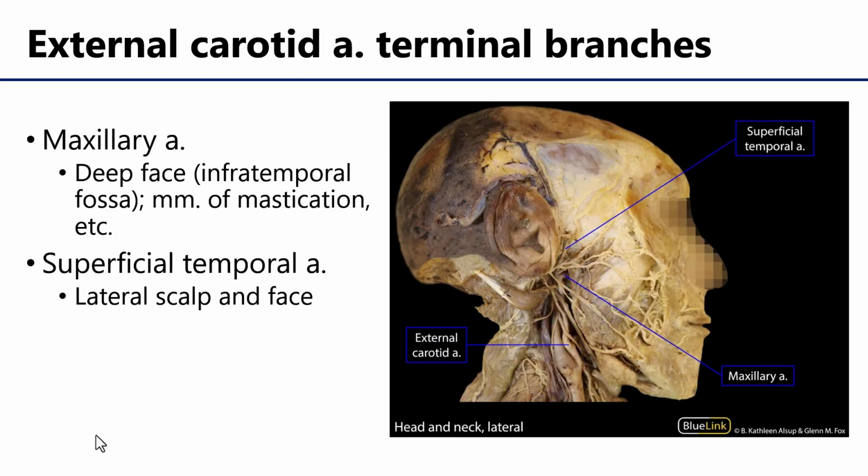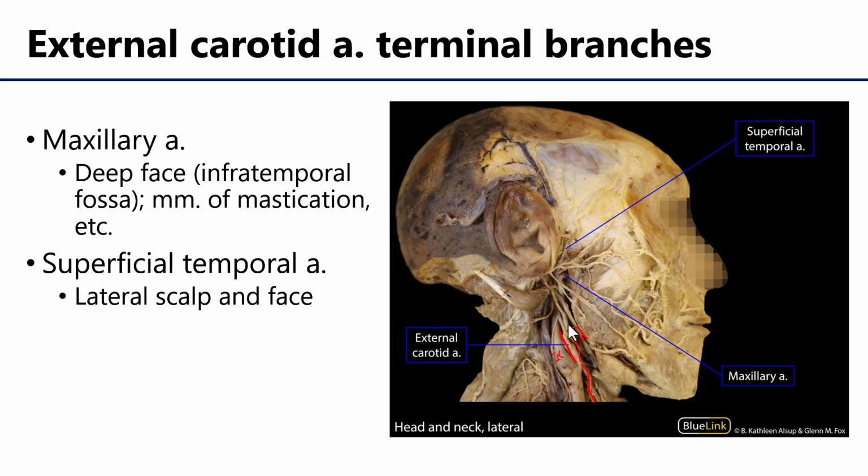Now let's take a look at the external carotid artery. Let's go red here. So recall the external carotid is bifurcating from the common carotid. There's the internal carotid, which is posterior. It's at this point has already given off the superior thyroid, the lingual, and the facial.